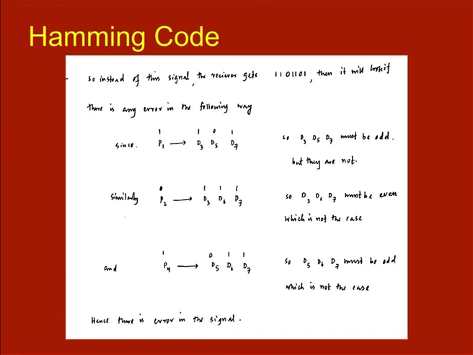That can be found out at the receiver end by calculating the parity bits. Since P1, P2 and P4 have to match with the data bits, we calculate the corresponding parity bits, and if they do not match, then the signal obtained is an incorrect signal at the receiver end. In this way, Hamming code is very useful for communication of signals from the transmitter to the receiver end.